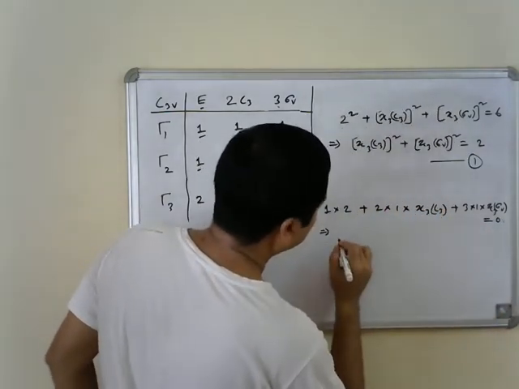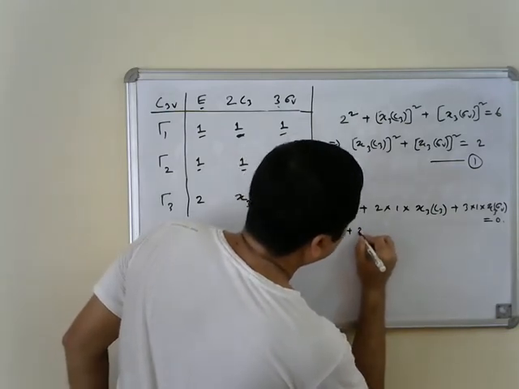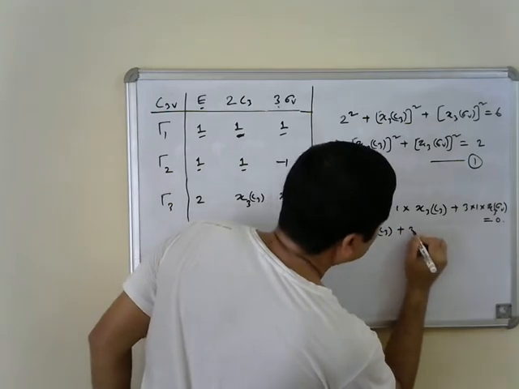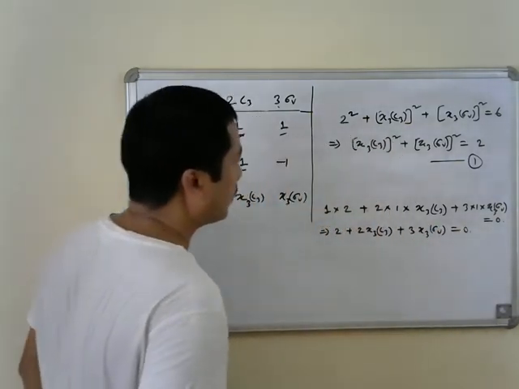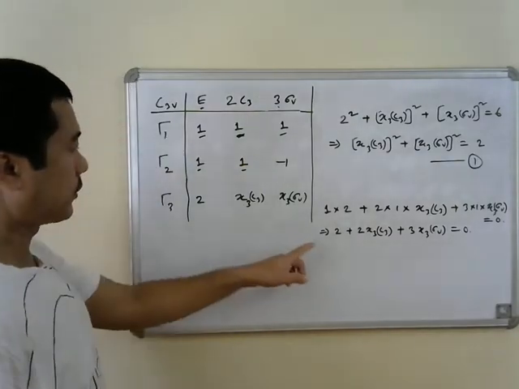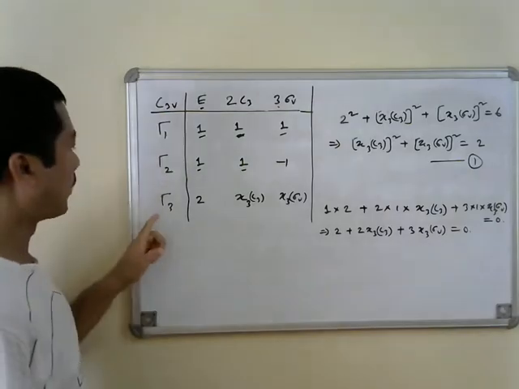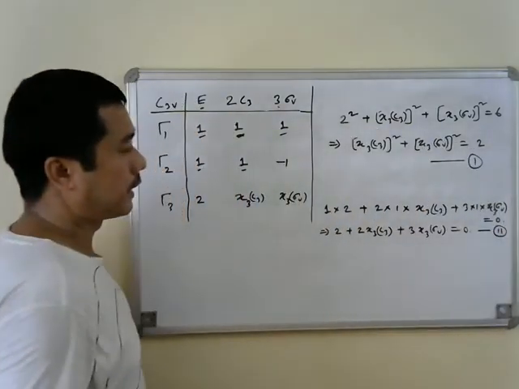Let's simplify this: 2 plus 2 chi3 c3 plus 3 chi3 sigma v is equal to 0. We obtain this expression by using the orthogonality rule for gamma 1 and gamma 3, and let's call it expression 2.